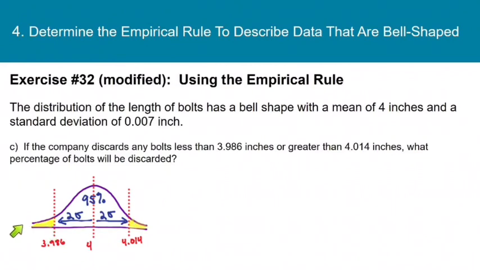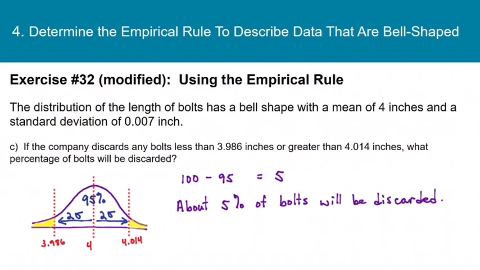So these bolts out here in the yellow areas are the bolts that are going to be discarded. If 95% are between these 2 numbers, then of course 100% minus 95% means that 5% are not between those 2 numbers. So about 5% of the bolts would be discarded.